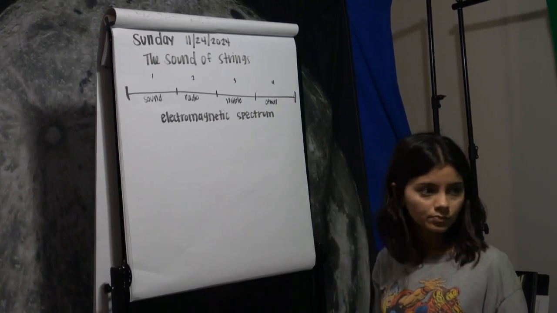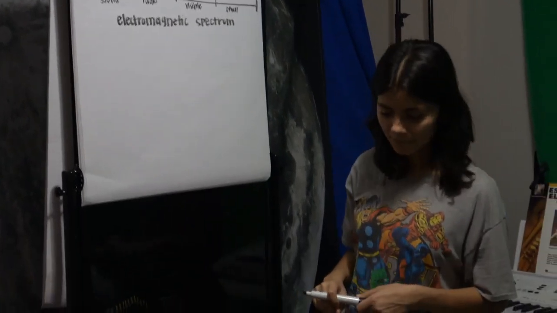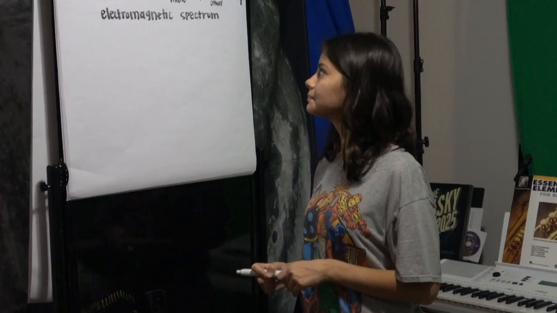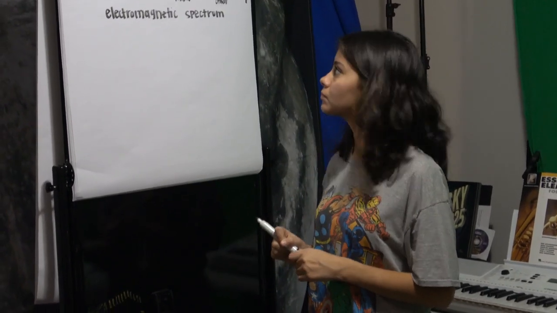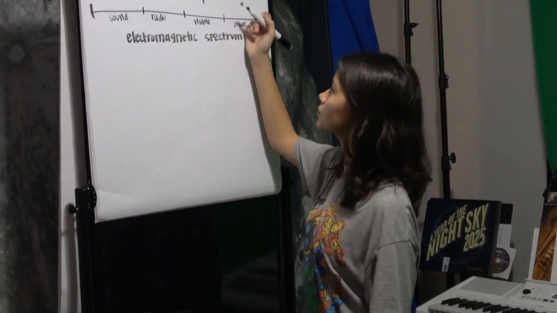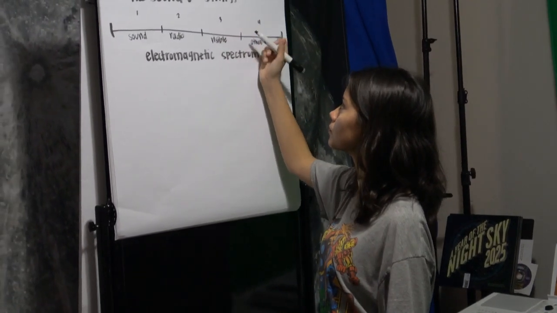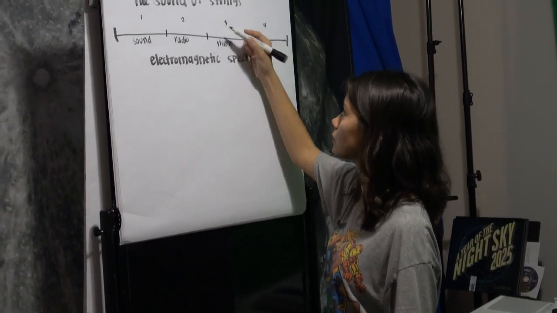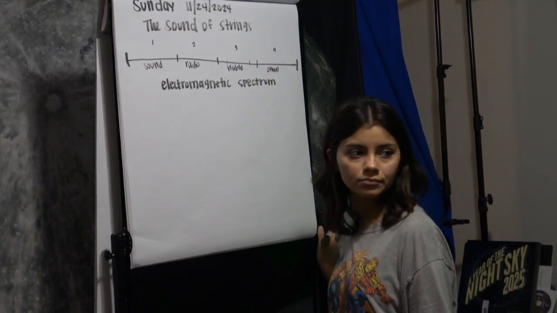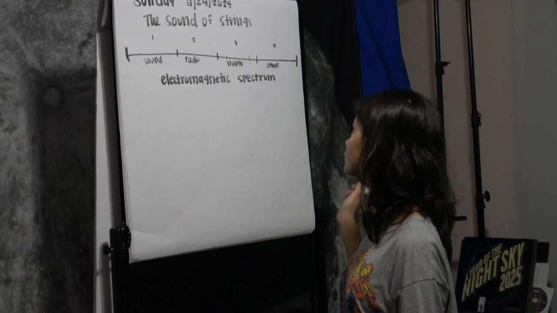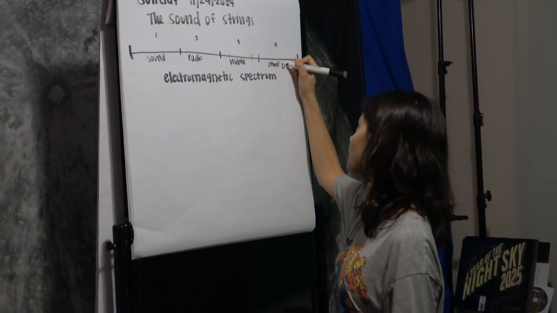Now inside of visible, draw 2 ticks near the other one. And the high spectrum there, that is ultraviolet, so put UV.